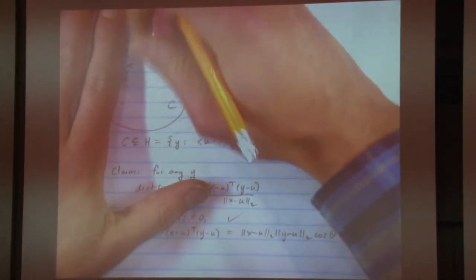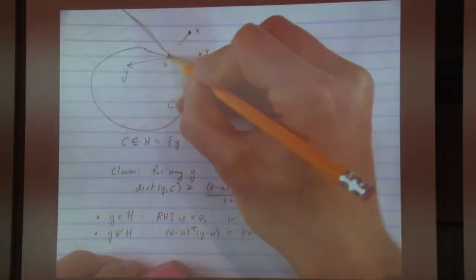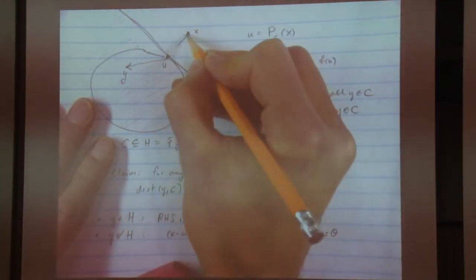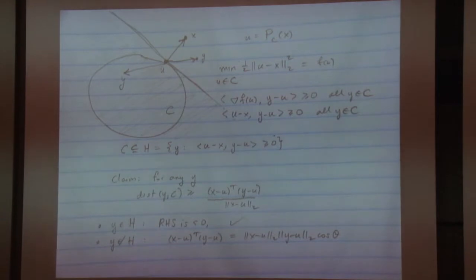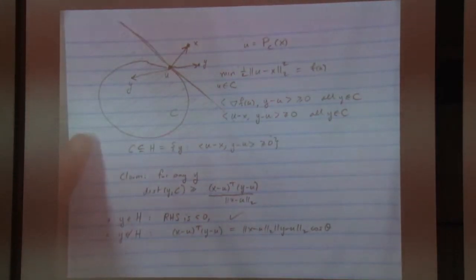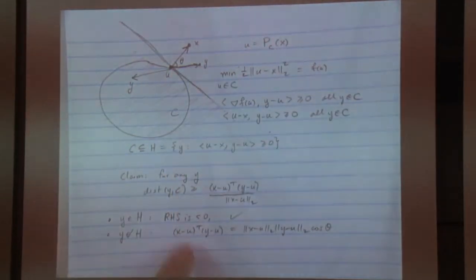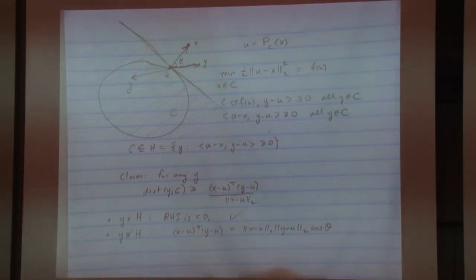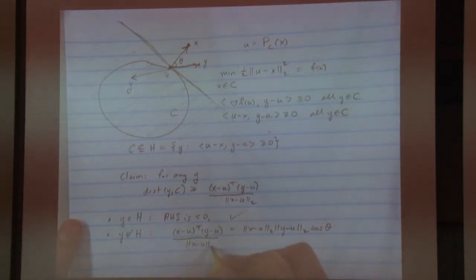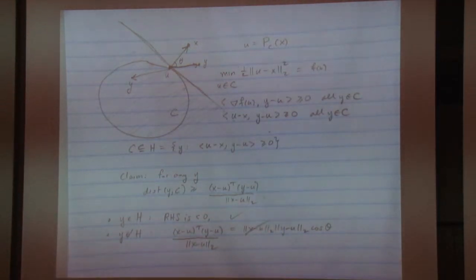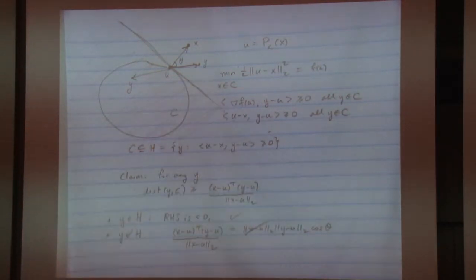Now I'm considering x minus u and y minus u, so I'm going to flip the direction of this arrow because I flipped the direction of that vector. And this is the angle between them. So that's true, and therefore if I divide by the norm of x minus u, it's just equal to the norm of y minus u times the cosine of the angle between these two guys.